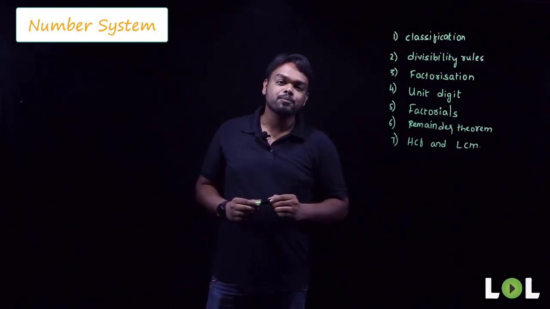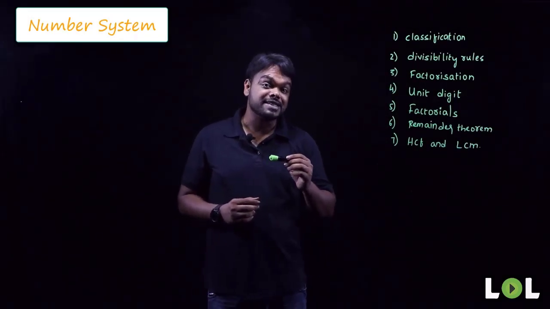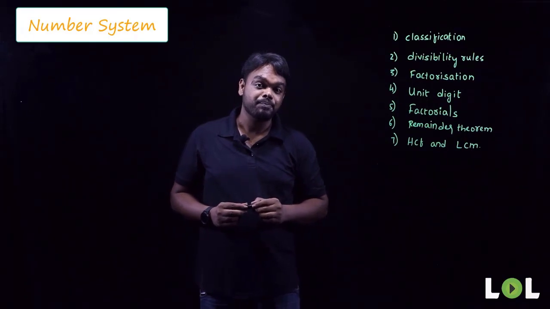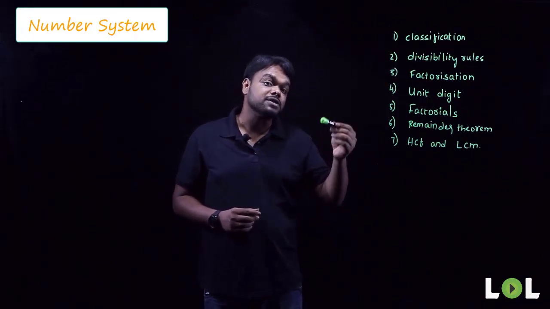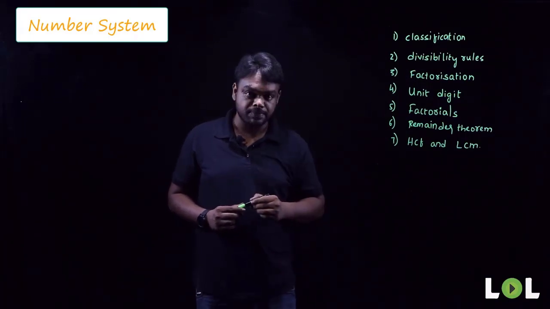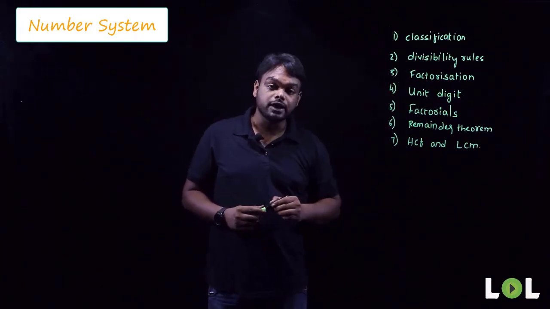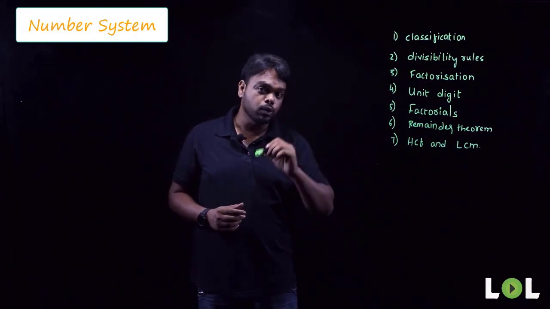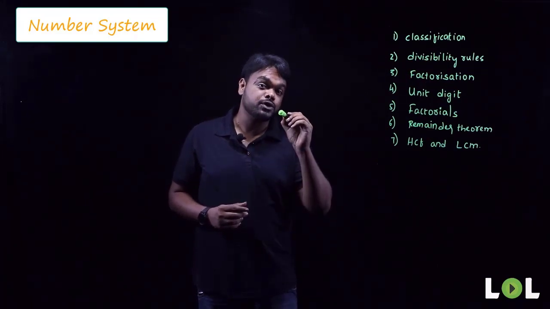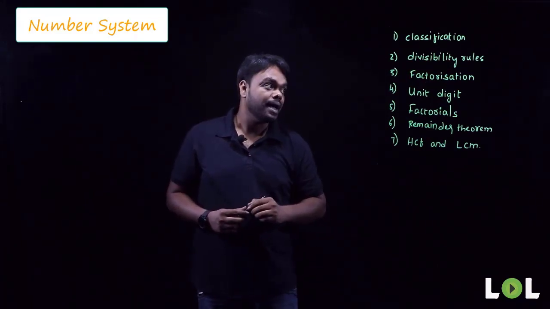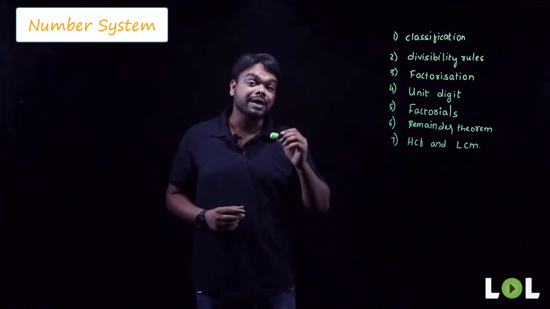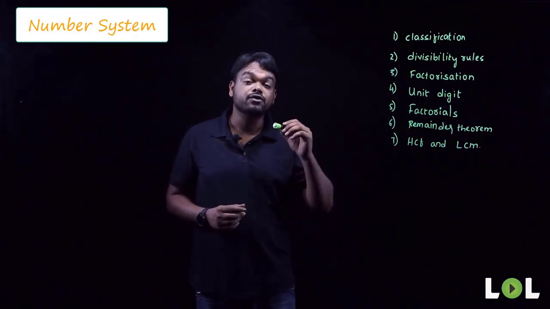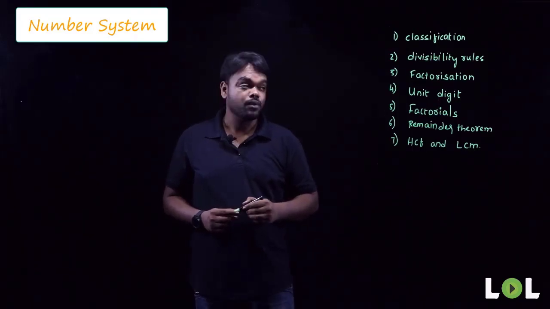In number system, we'll be learning a total of 7 sub-concepts. They are classification of numbers, like what all the different types of numbers that exist in number system, and divisibility rules, which are going to help you when you're doing the actual cancellations. And then we'll go by factorization, under which we'll be learning how to calculate the number of factors and different types of factors.